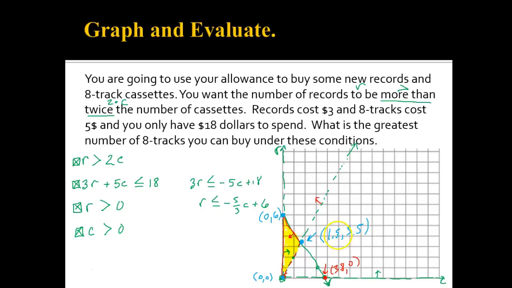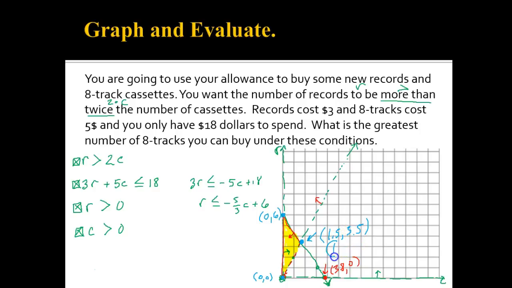So obviously we can't round up and buy 2 8-track cassettes. So we'll say that the biggest amount is up to 1.5, so the biggest whole number would be 1. So the most we can buy under the conditions we've set for ourselves is 1 8-track cassette, and then however many records we can afford after that, maybe 3 or maybe 4.